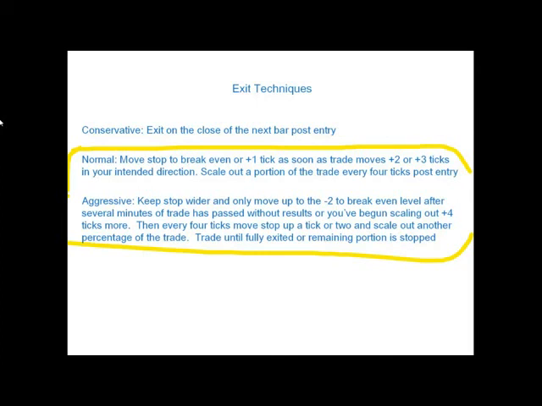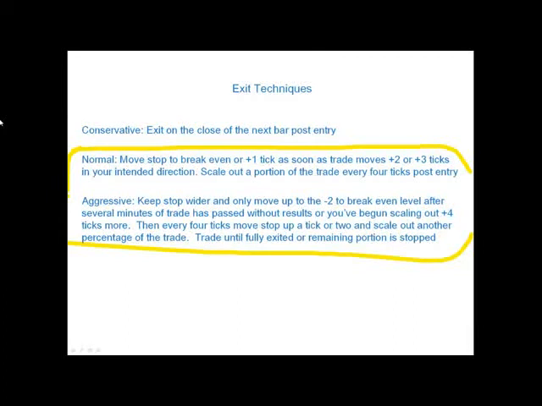But a more aggressive version of this, and what some people here are more comfortable with, is keeping the stop wider and only moving it up to, let's say, minus 2 or break-even level if we've gotten through several minutes of trade. So basically, several minutes of trade have passed without any sort of result in your direction. What you expect to have happen doesn't, is what it boils down to. Then maybe you'll look at tightening your stop.